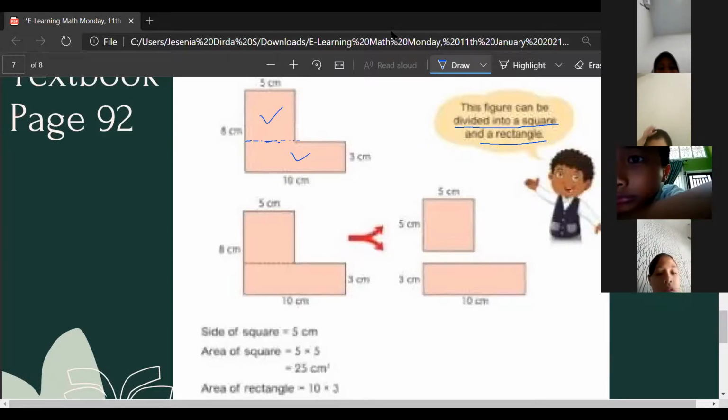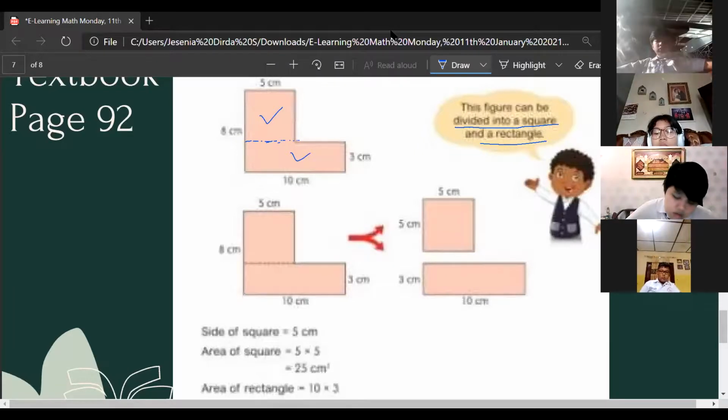Okay, so from this picture, we know the length from here to here itu adalah 8. Tapi kita ngepotong jadi segini. Pertanyaannya, kalau ini 8, kita potong dari sini sampai sini, kira-kira ini berapa ya? 5, Miss.